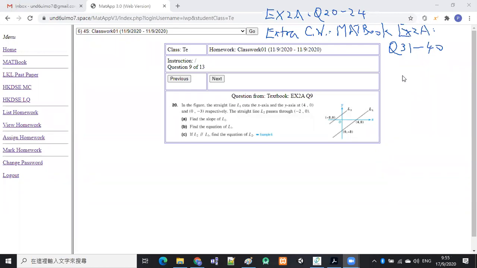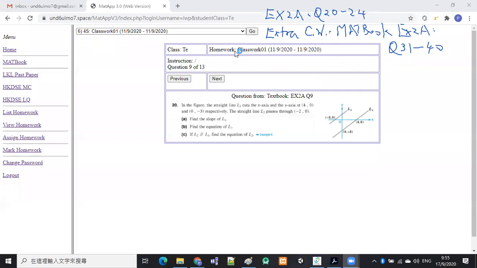Today, I will talk about more exercises on finding equations. I'm going to talk about some level 2 questions that will really appear in the exams or uniform tests. I know that this classwork was assigned on the 11th of September, which is 1 week ago.